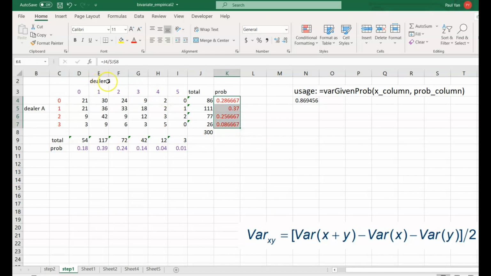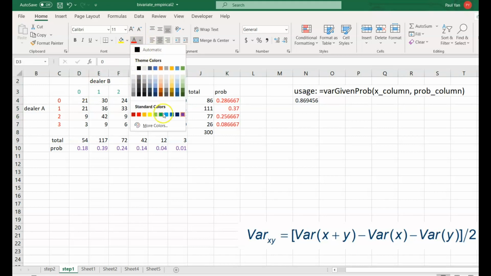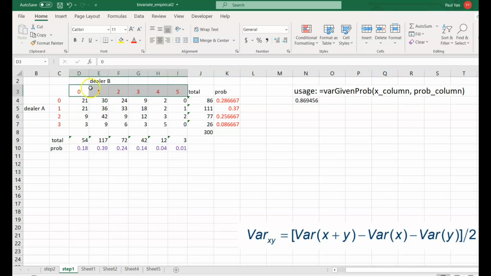For the dealer B, we use row. Let's make it red as well. Okay, so this is blue. No, it's not clear. So let's make it red. So for the dealer B, it's horizontally this one versus this one.